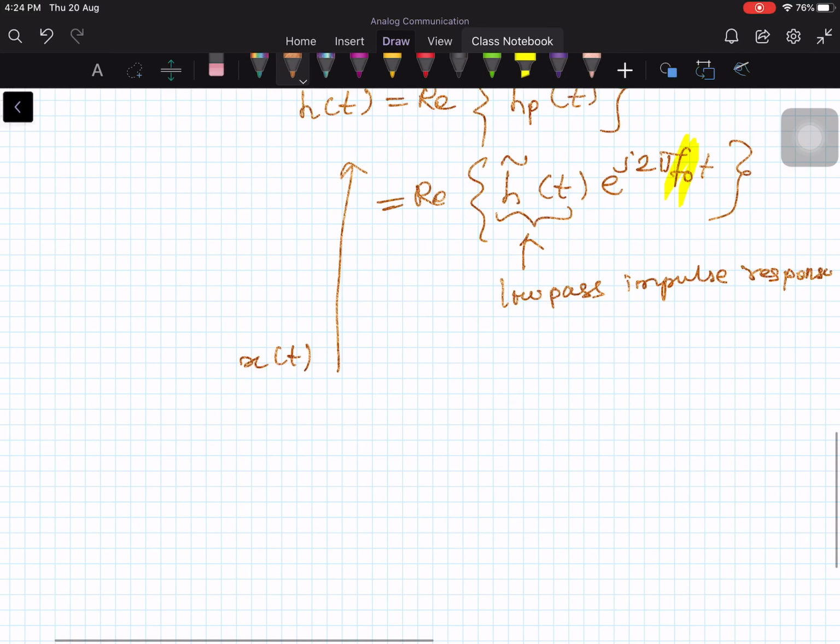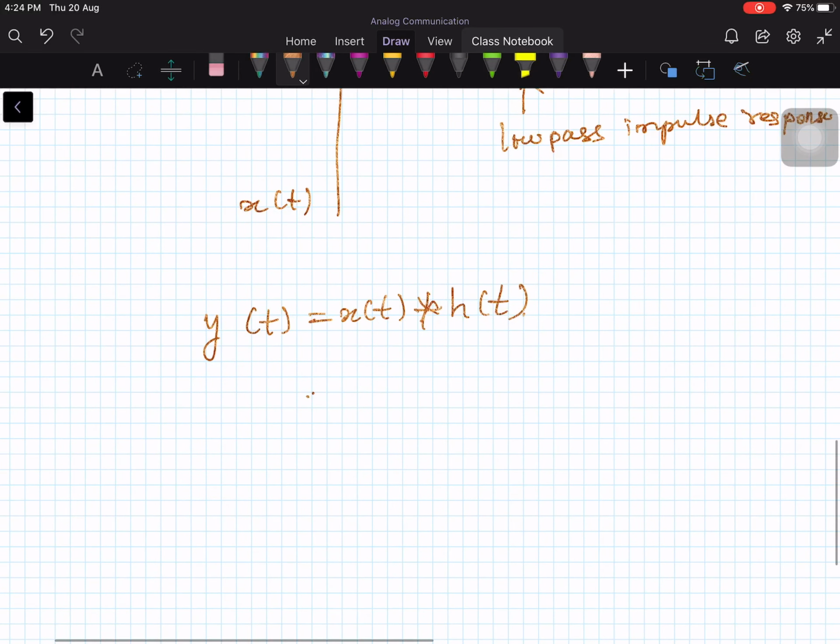Therefore, your y of t is equal to x of t convolved with h of t. Now you replace this convolution operation by the convolution integral. Let's say h of lambda times x of t minus lambda d lambda.